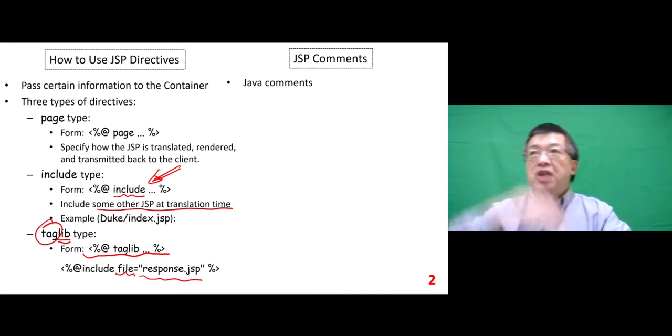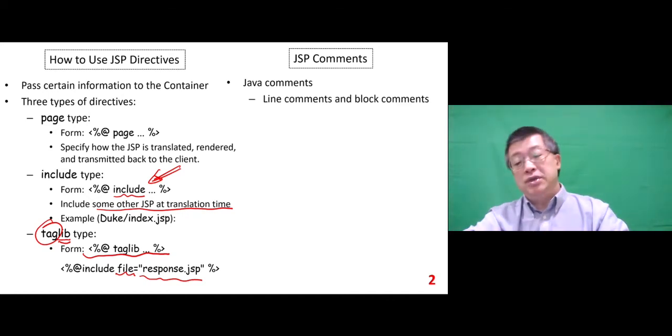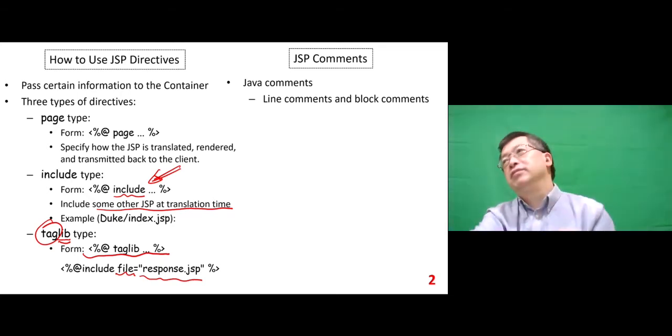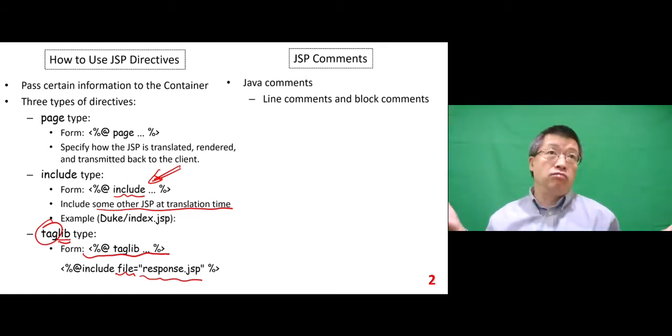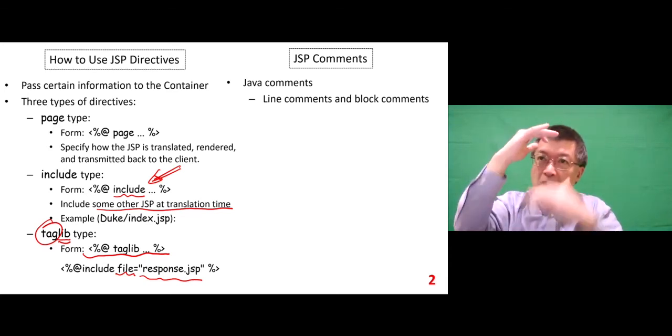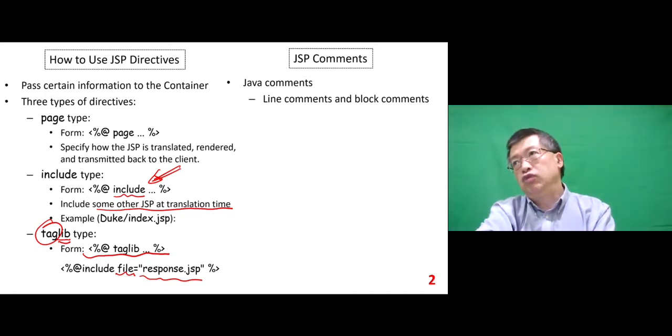Because we embed Java code, when you embed Java code, you can use Java comments. Line comments, block comments, in your scriptlets, you can do it. So you have a block of Java environment, and inside your Java environment, you just use the usual Java comments. So that's the simplest case.